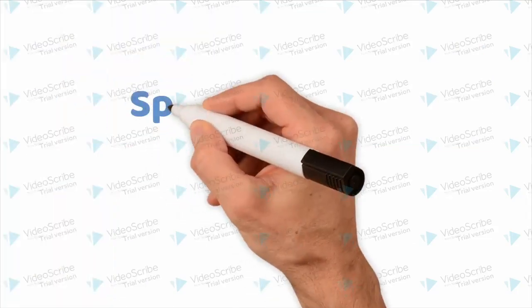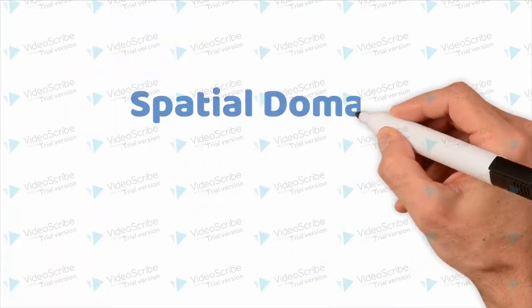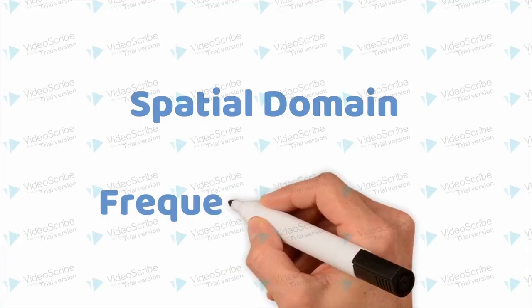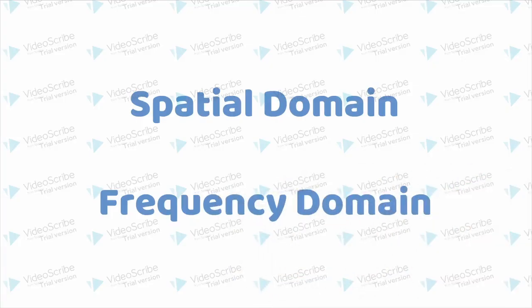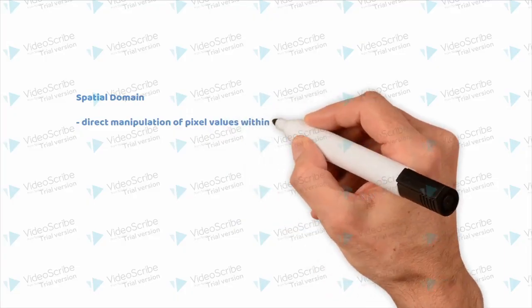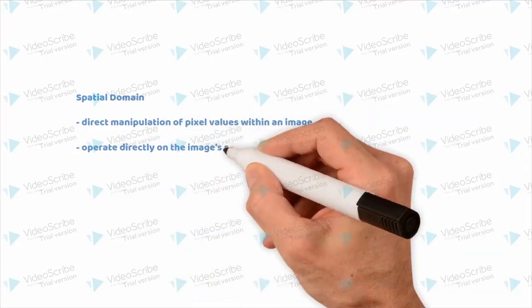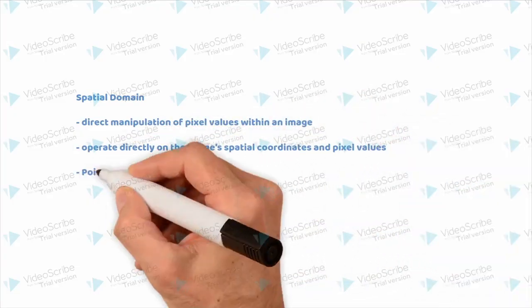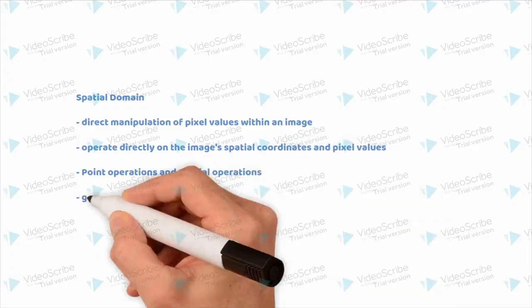Image enhancement can be based on either spatial or frequency domain techniques. The spatial domain refers to the direct manipulation of pixel values within an image. Techniques in the spatial domain operate directly on the image's spatial coordinates and pixel values.